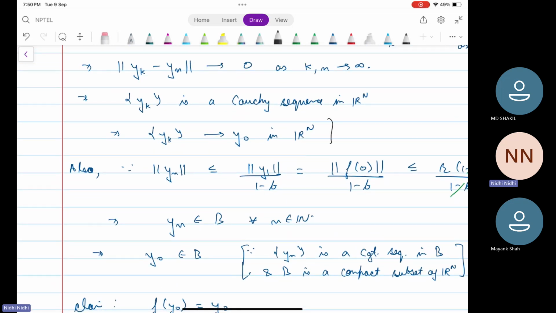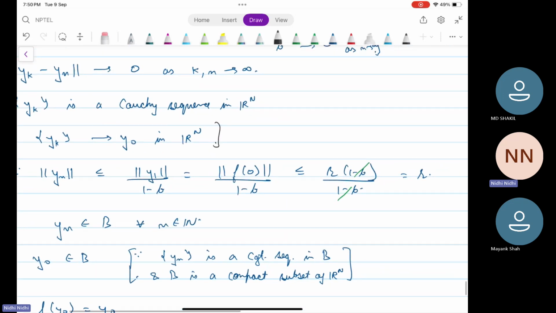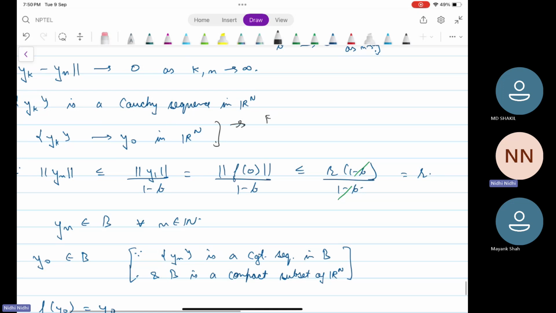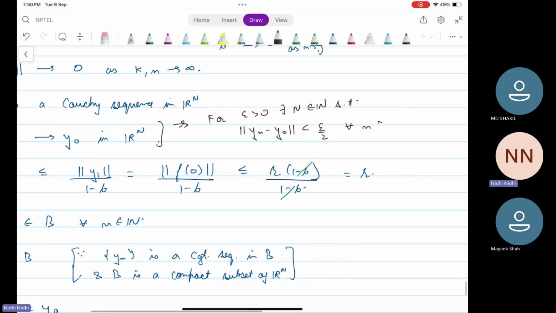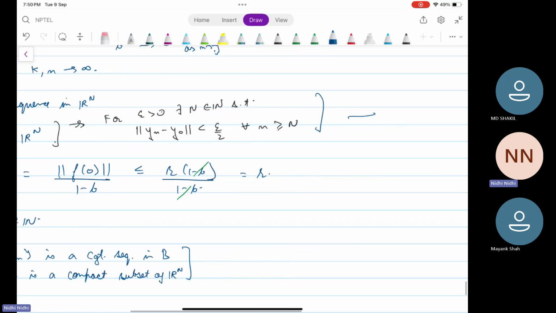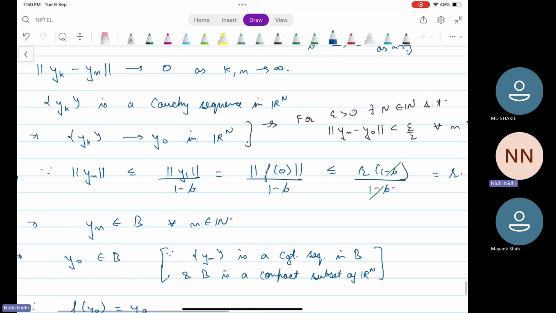From here, since yk converges to y naught, this implies for epsilon positive, there exists some capital N in N such that the norm of yn minus y naught is strictly less than epsilon by 2 for every n greater than or equal to N. So basically, we'll be using this again.